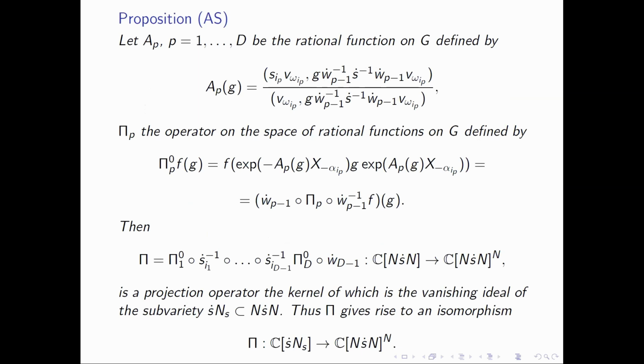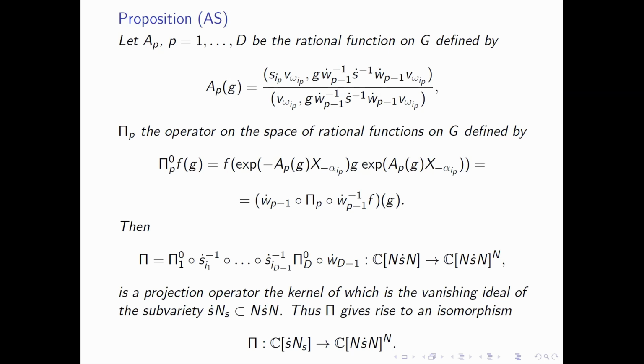I recall that this is simply a product of the first p minus 1 simple reflections, and this chain of reflections corresponds to simple roots which I use to define an ordering of the root system. So the point is that w p minus 1 to the minus 1 applied to the root beta p is a simple root alpha i p.